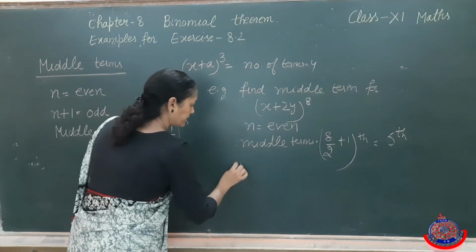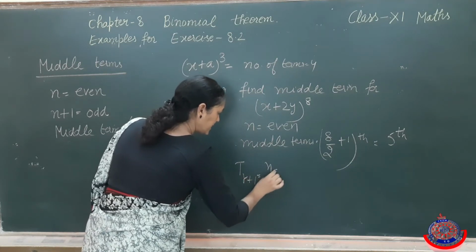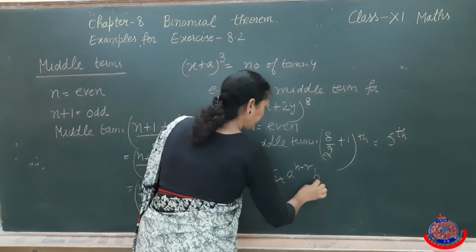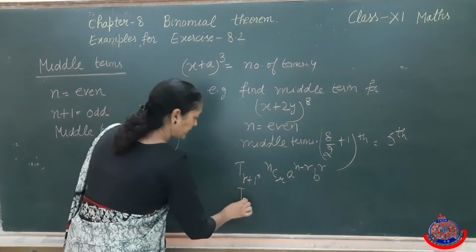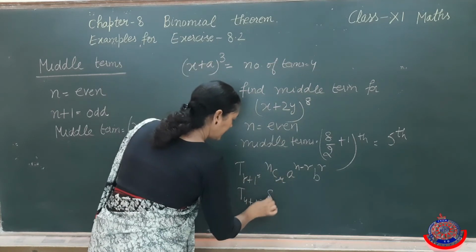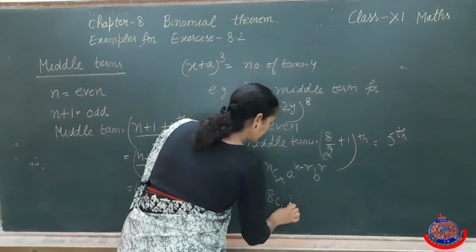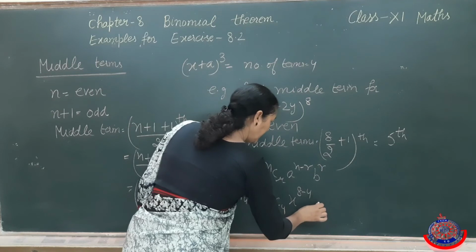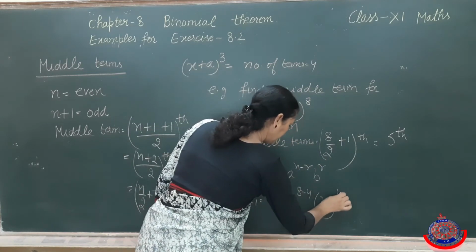5th term means T(r plus 1) equals nCr a power n minus r, b power r. Here r will be taken as 4. So 4 plus 1, n is 8, 8C4, a is x, power 8 minus 4, and b as 2y power 4.